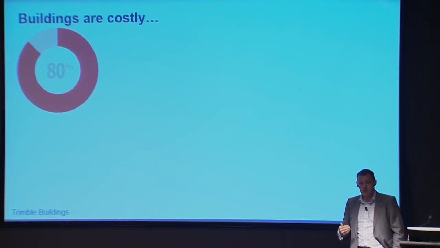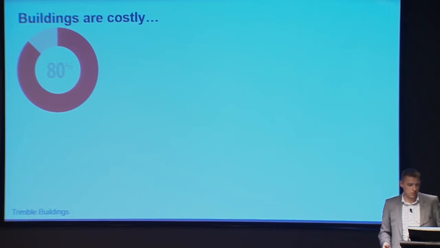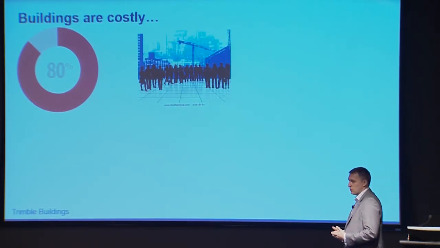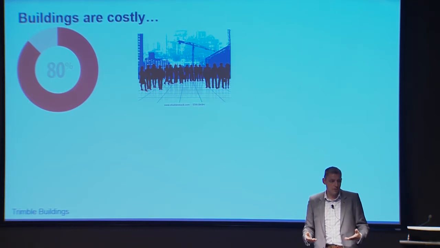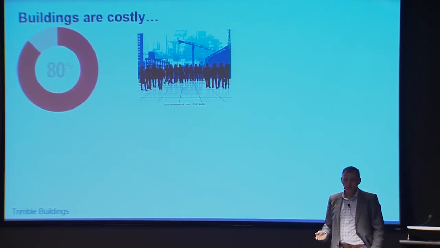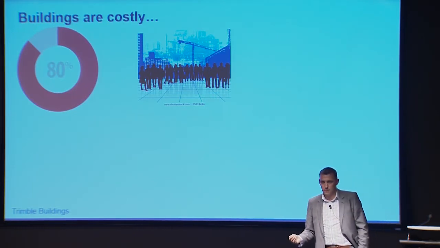After all, buildings will be there for an awful long time, certainly decades, maybe hundreds of years, depending on the type of construction. Also, for the organizations who are owning or operating those buildings, it's the second highest cost to that organization, typically after the people and the staff that they employ.